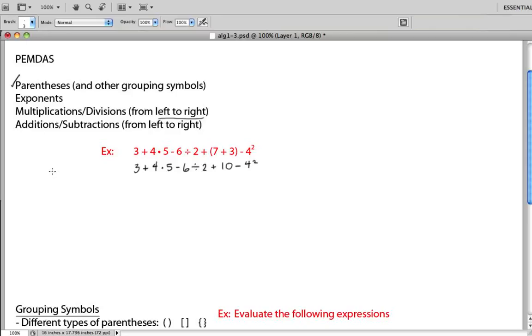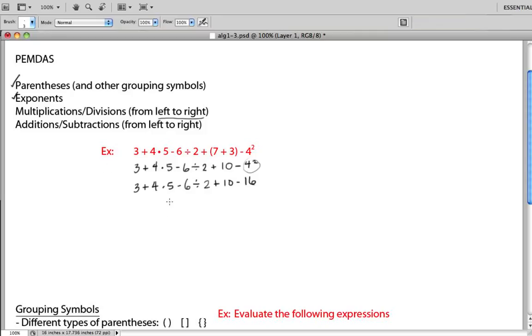The next thing that we're going to calculate are exponents. The exponent that we have is over here, the 4 squared, which would be 16. So again, I rewrite everything except for the part which I calculate, which becomes 16.